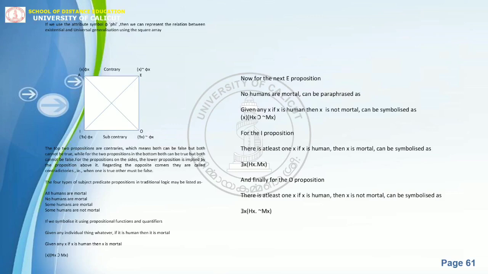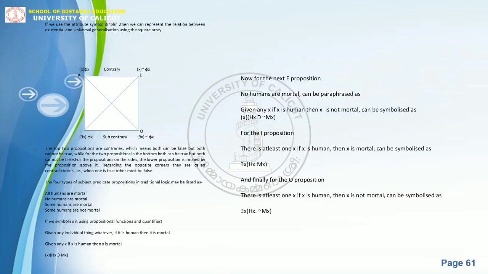We can use the Greek symbol phi. Then by using this Greek symbol we can represent the relation between existential and universal generalization using the square array.